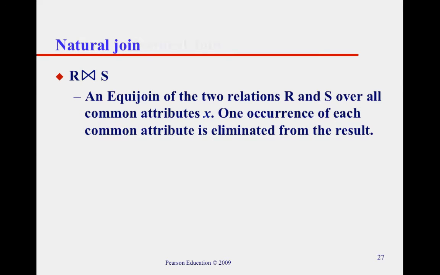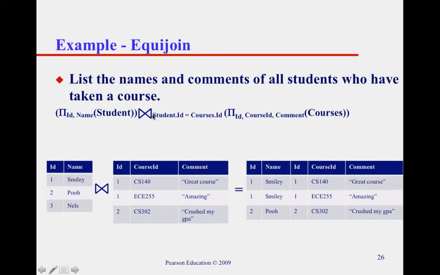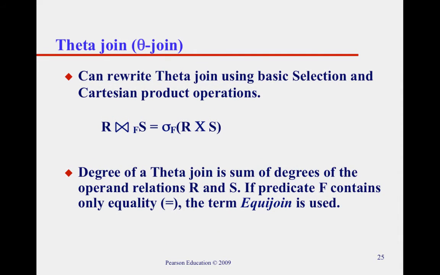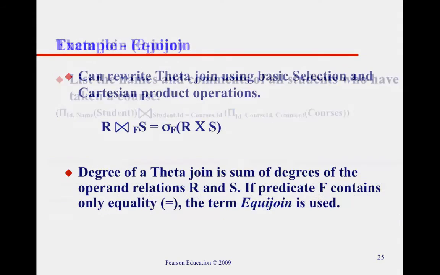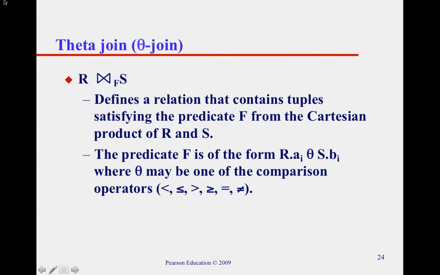of the common attribute. And you'll notice that in a natural join, you don't list the predicate. With an equijoin, you had to list what the equality predicate was. Also with a theta join, you have to list the formula.